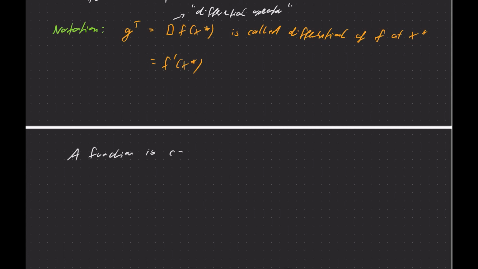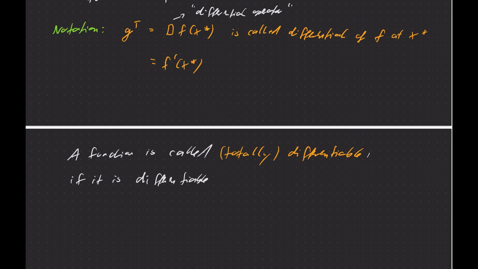A function is called totally or just differentiable if it is differentiable for every point in its domain.